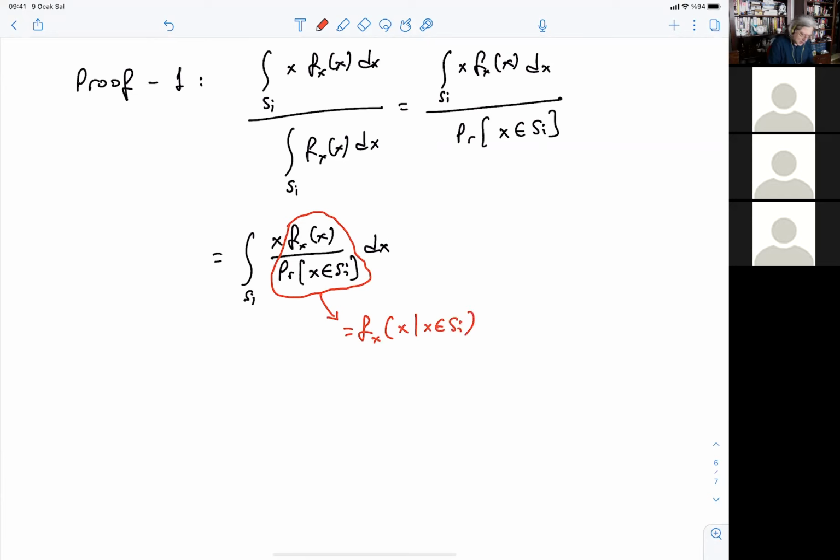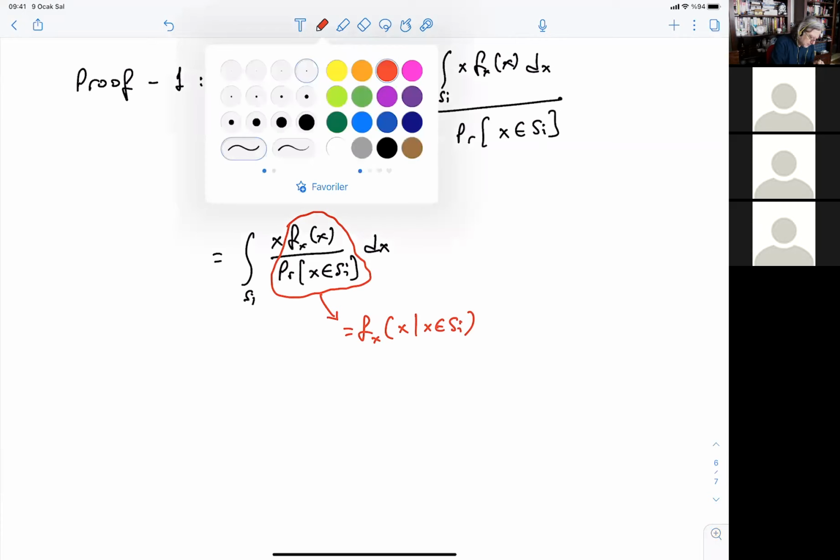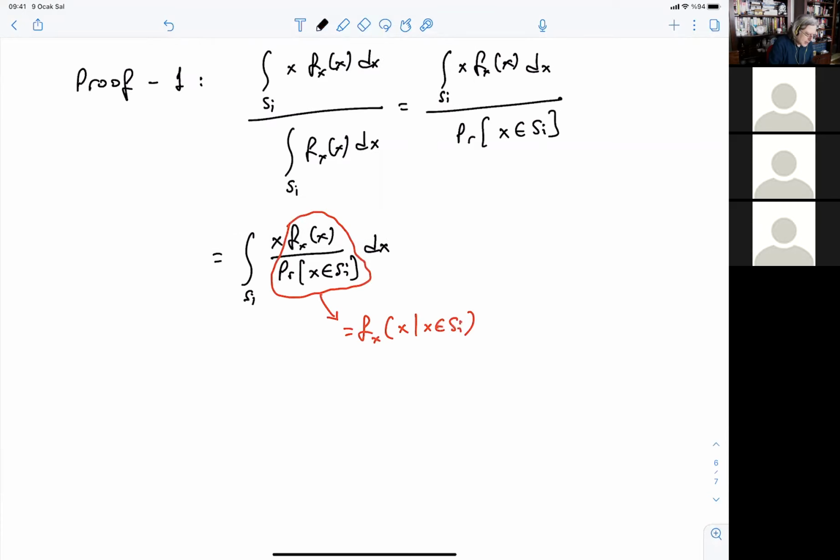So it's a conditional PDF definition that we come up with inside this fraction. And therefore, we can write this to be equal to the integral over Si of x times fx of x, conditioned that it is inside Si, dx, which is naturally the definition of the expected value of x such that x is inside Si.